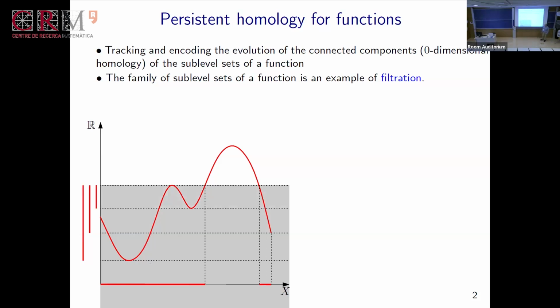And nothing changed until I reach this point, which is this level, which corresponds to a local maximum. And here, something different happened, which is not the birth of a new component, but in fact, this component that was born here and this one that was born here suddenly merge together, and they become one.